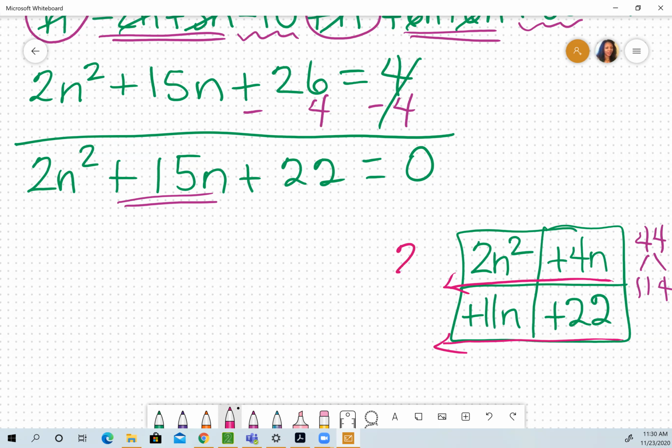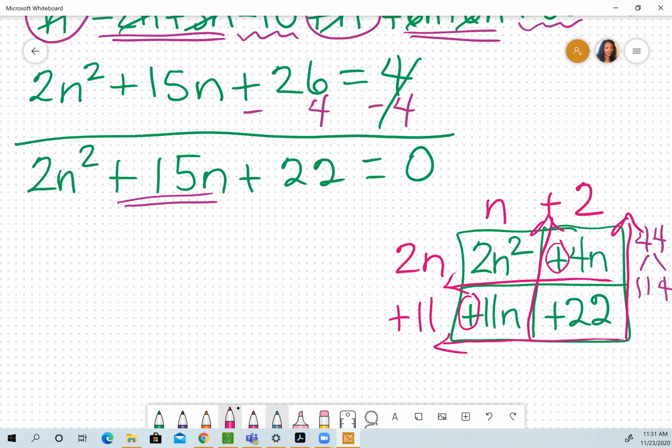I can factor out a 2n here, and I can factor out a plus 11. The sign that's nearest where I'm writing is the sign that comes out. So I do the same thing going up. The greatest common factor is n, and again, this sign is plus, so that's what's going to come out. And then between the 4 and 22, I can take out a 2.